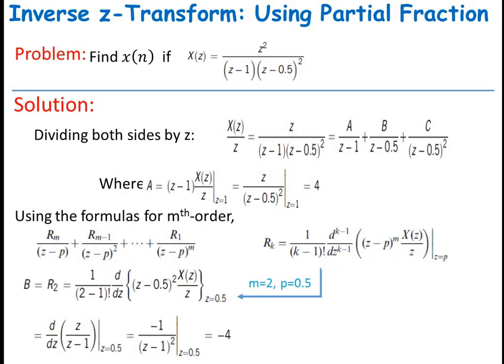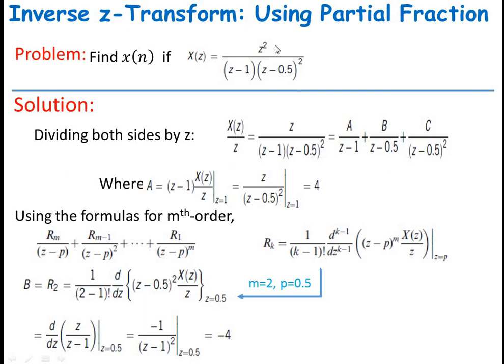So now we'll see another problem. It is having z square divided by z minus 1 into z minus 0.5 the whole square. So the very first step is we have to bring the power to a positive value, right? So already it is in the positive power, so directly we can go for the second step, that is X of z divided by z.